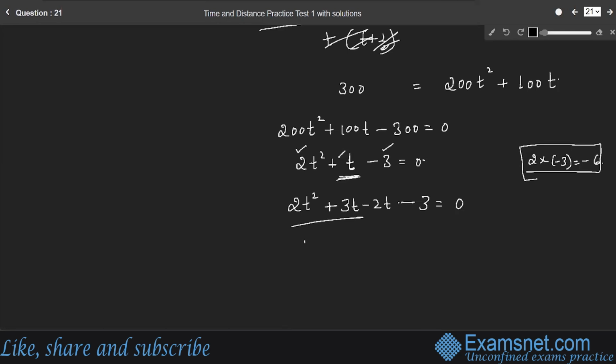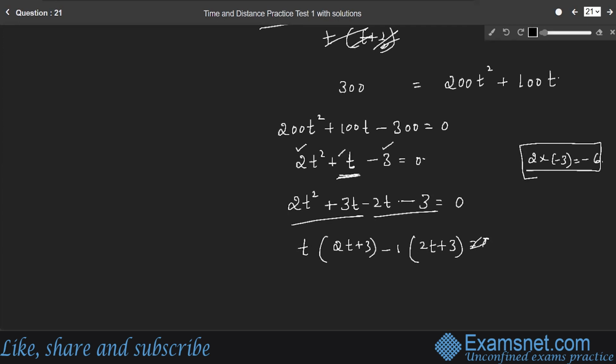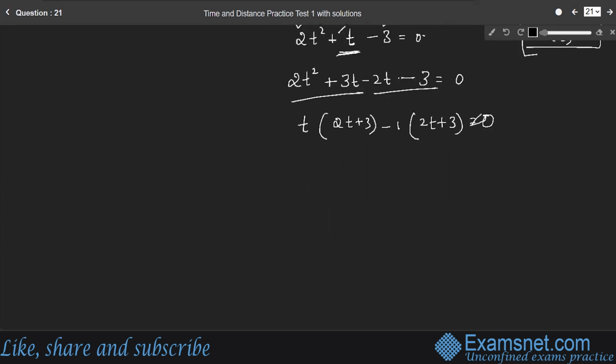Take the first two terms where t is common, leaving 2t plus 3, and in the last two terms minus 1 is common. So we have 2t plus 3 equals 0, or t minus 1 equals 0.